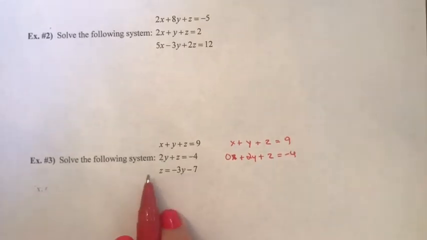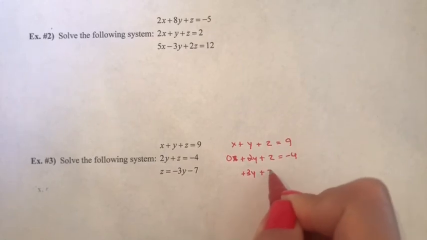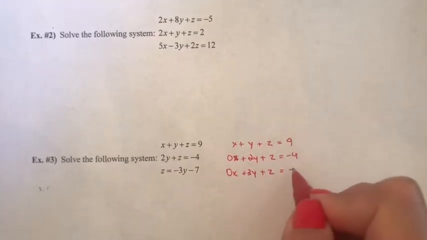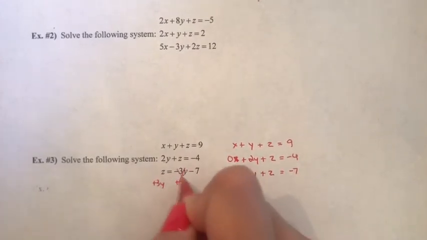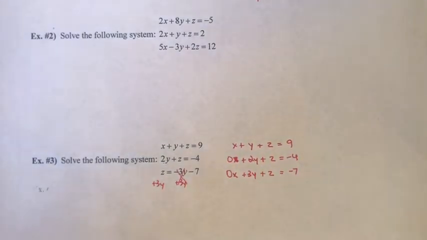I'm going to move the 3 over. So we've got plus 3y plus z, no x's here. And that's equal to negative 7. Again, that's because we added the 3y to the other side. Okay, so now you can use this system to set up your matrix equation.